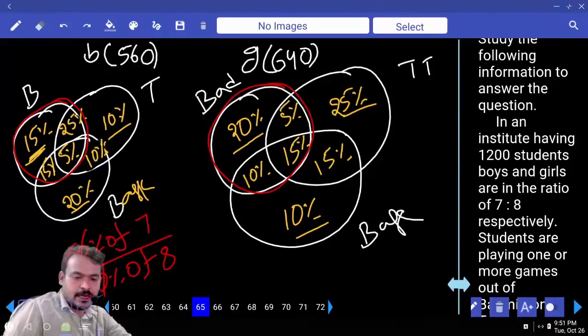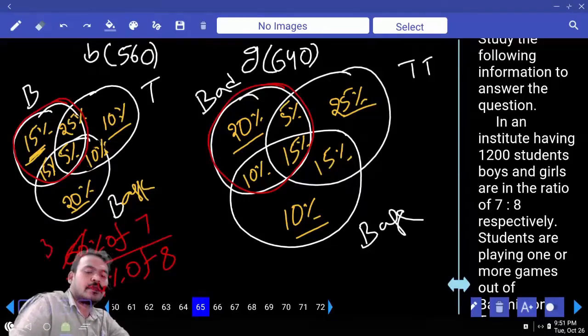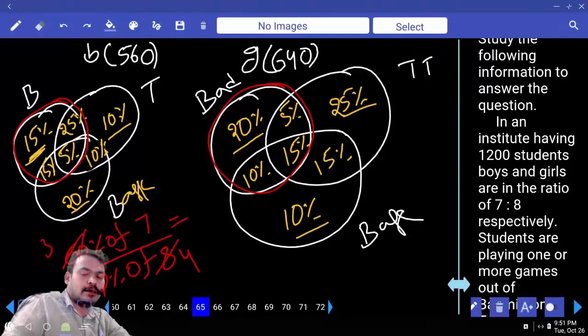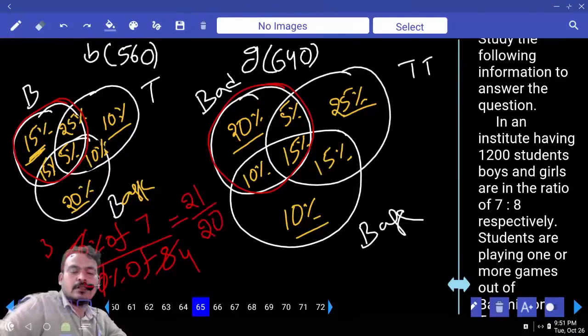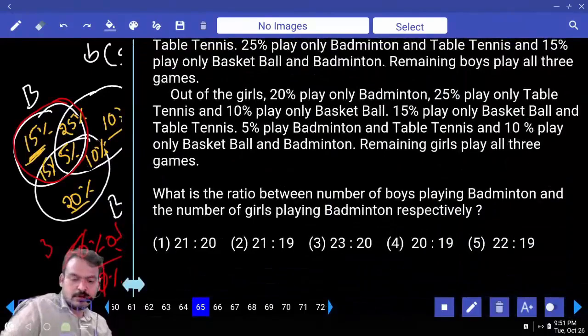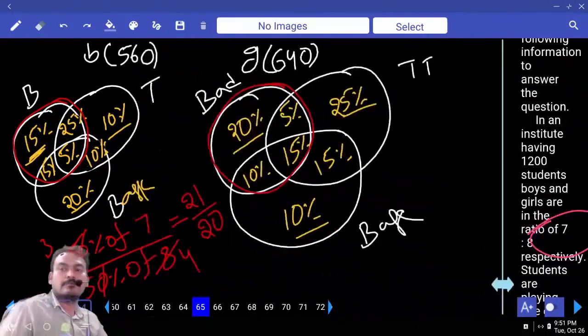Next, 2 how many times? 6, 3 times. 2 how many times? 8, 4 times. Then the answer: 3 7s are 21, 5 4s are 20. Then the ratio is 21:20. Which option? First option.